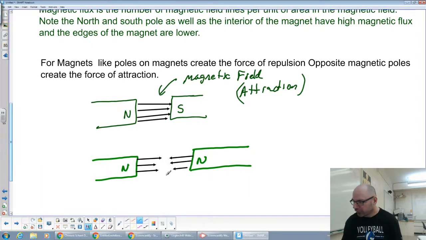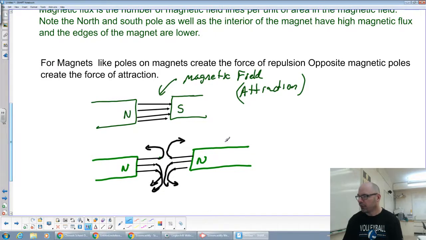So this one is going to repel that one, and we see repulsion.